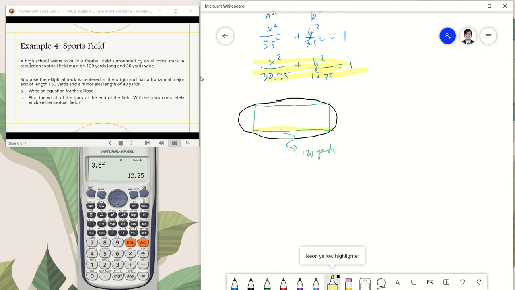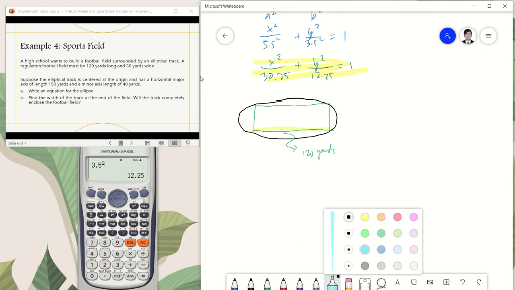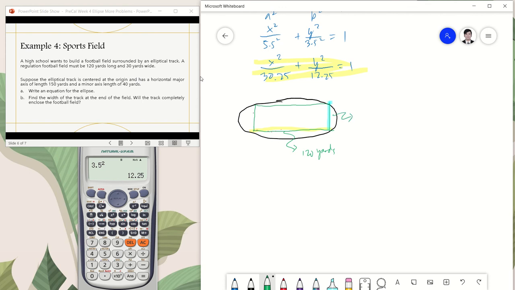And then this one, it has to be 30 yards. So that is the condition of our regulation football field.